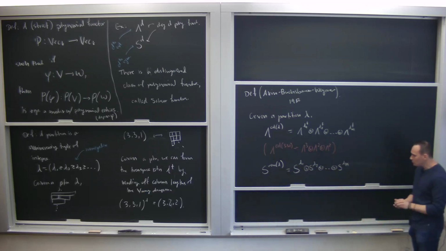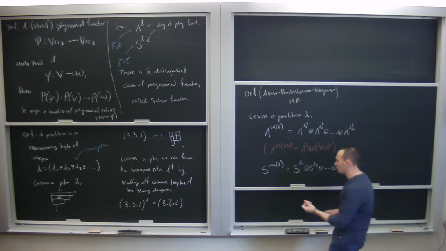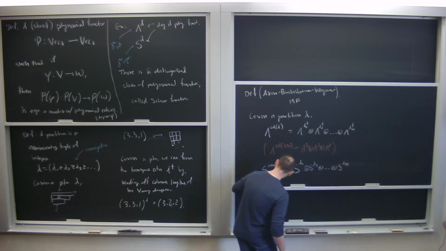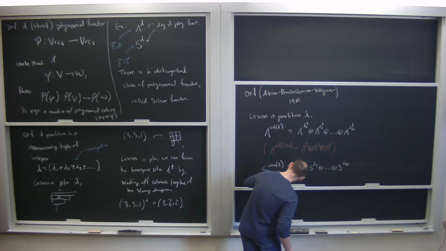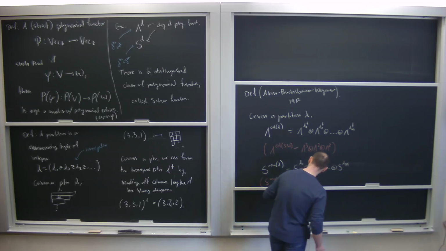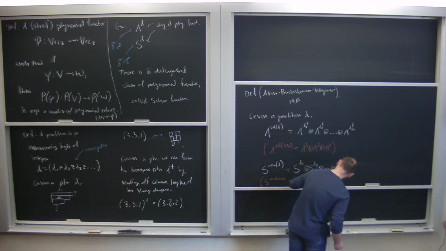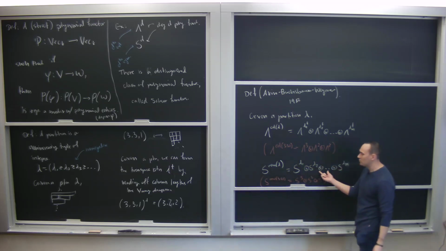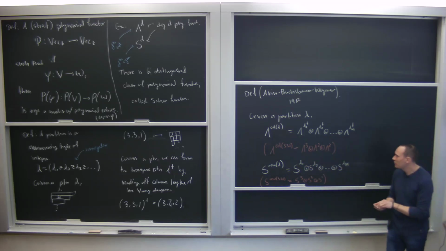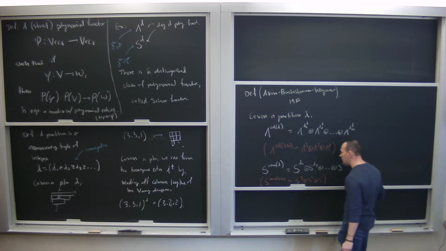All right? So if I do it for rows 3, 3, 1, then this is just S3 tensor S3 tensor S1. And again, this is my notation for symmetric powers. So this is the notation that you need.